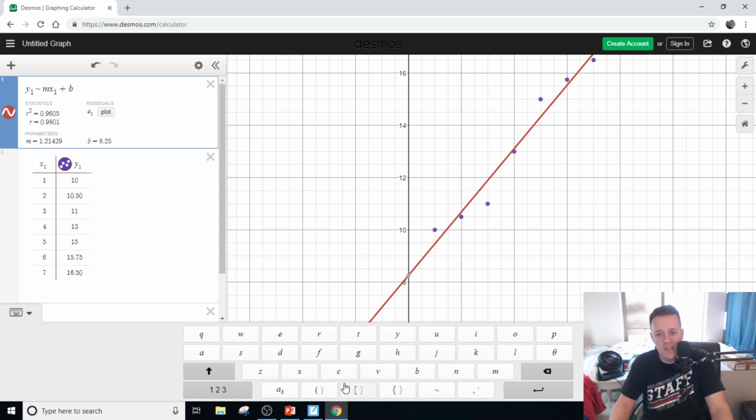And what this does is it takes all the data points that you have, all your y data points and all of your x data points, and it creates the linear equation for you.